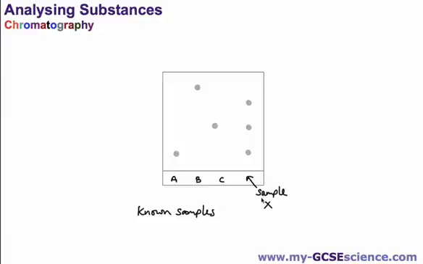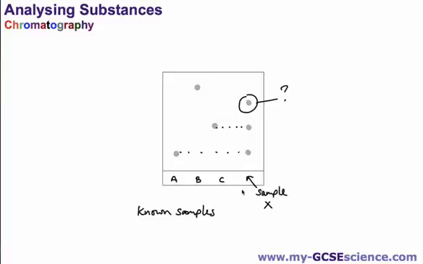Have a quick look and see if you can spot which ones are in sample X. What you should notice is that this sample has some of chemical A, and it has some chemical C. It doesn't have any chemical B. In actual fact, there is also something that we don't know what it is. So our sample contains some A, some C, another chemical that we don't know, and it doesn't contain any B.